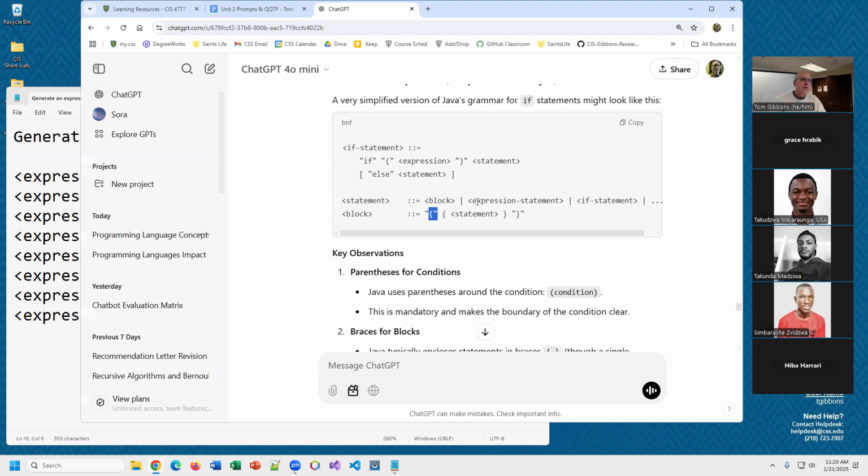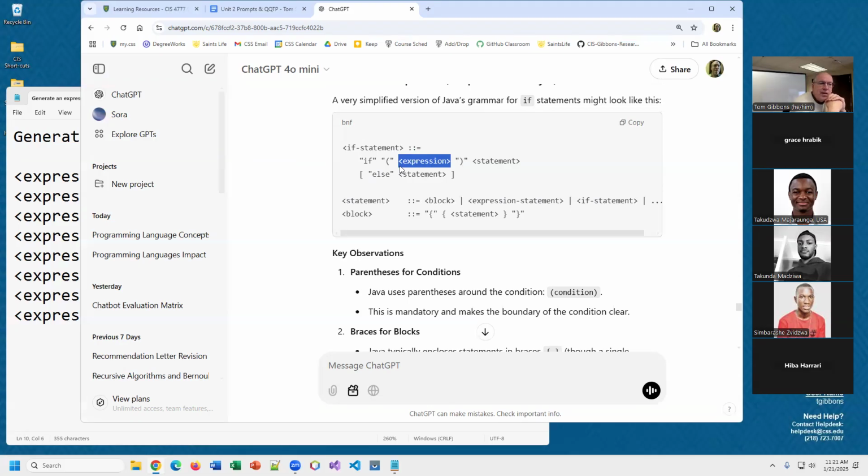So how did your program define the Java stuff? Did it look similar to this? To me, this shouldn't be an expression. This has to be a Boolean expression. So did anyone find that it generated a Boolean expression for that?